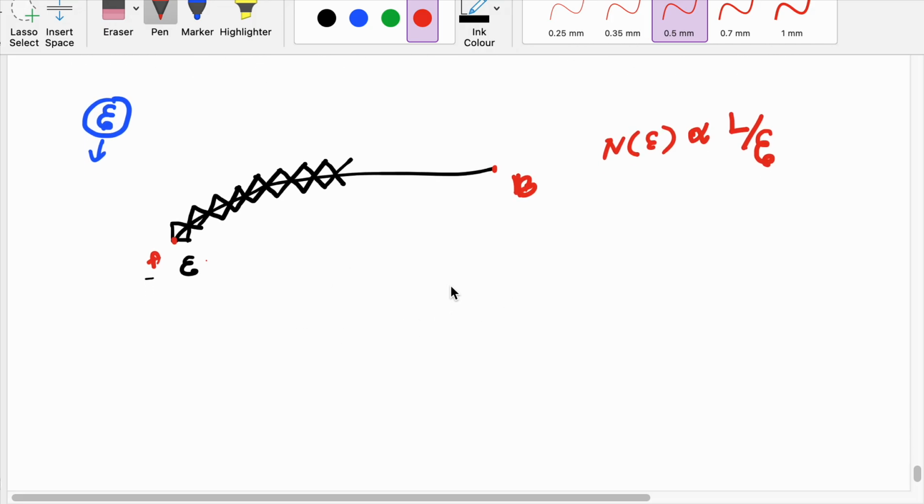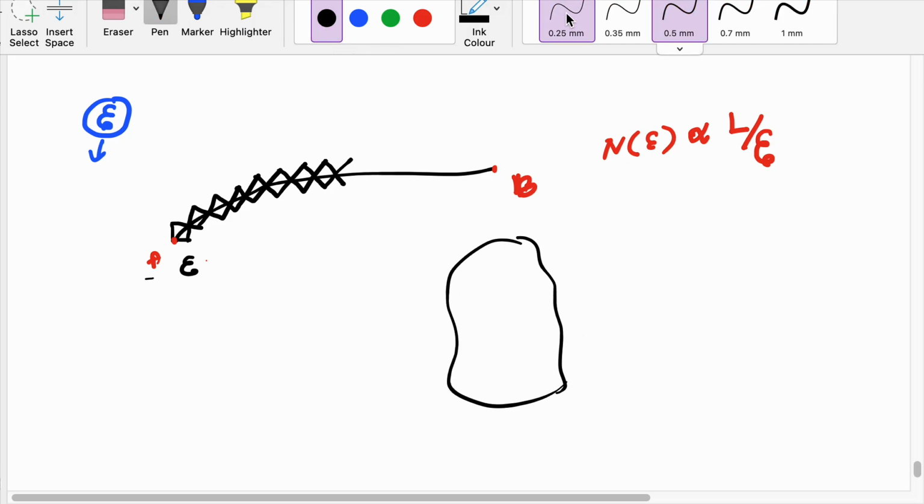And suppose in place of this I have some kind of area. Then you make tinier boxes of size epsilon, every square of side epsilon. How many such squares are required to fill this whole space S?